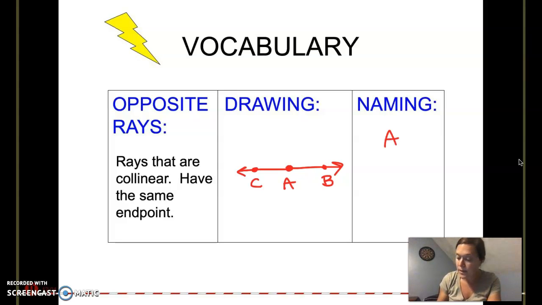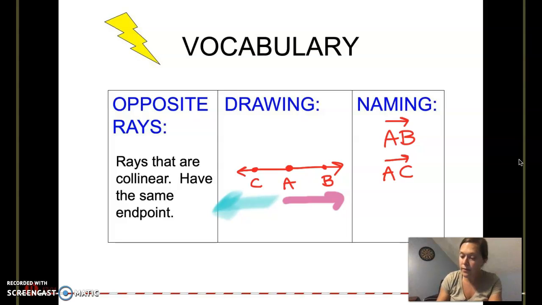Ray AB was the first ray that I drew. That was this one right here. And then ray AC was the second ray that I drew that went off in this direction. Notice how when I named both of them, they both start with the letter A, because opposite rays need to have the same endpoint. And what's true about naming rays, you always put the endpoint first.